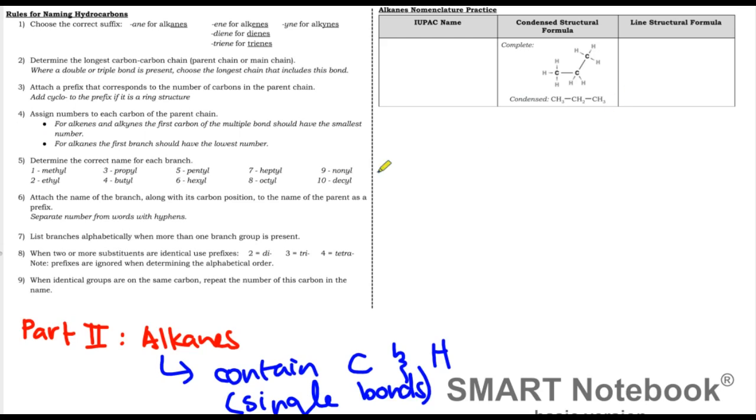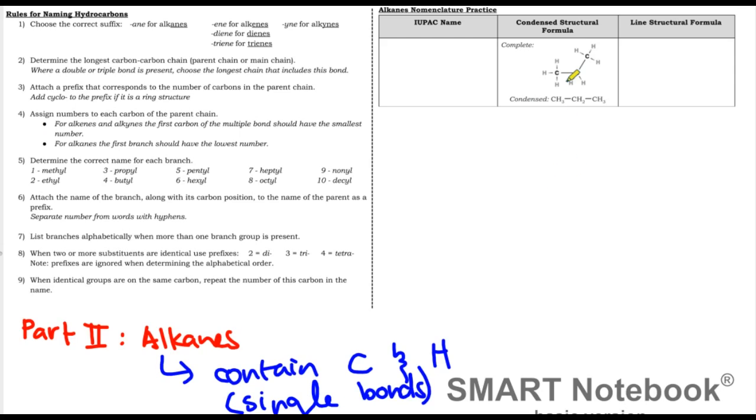So we're going to apply the rules in determining the name for this organic compound. We have 1, 2, 3 carbons. Based on the condensed, we can see that nothing else is attached to it besides the hydrogen.